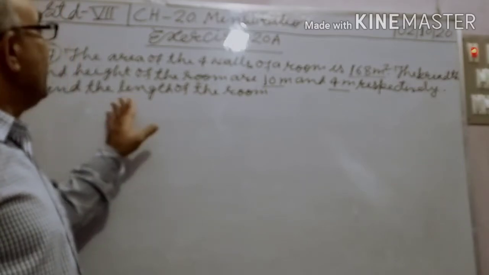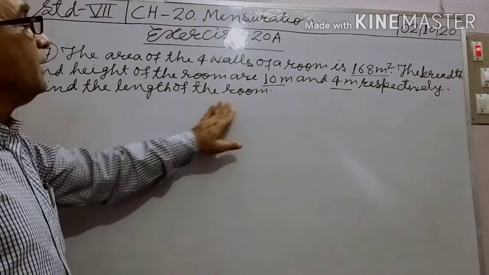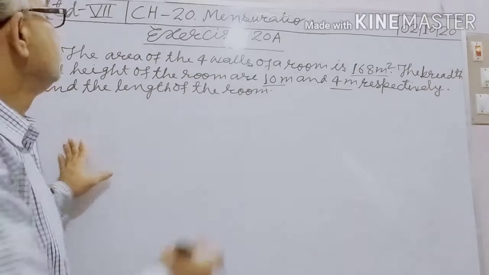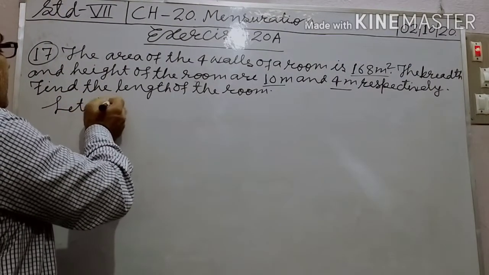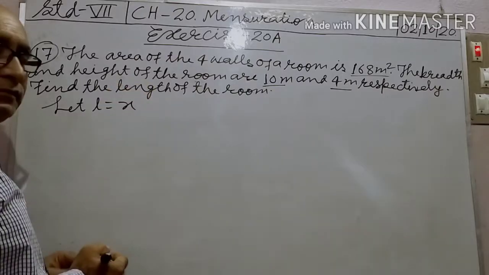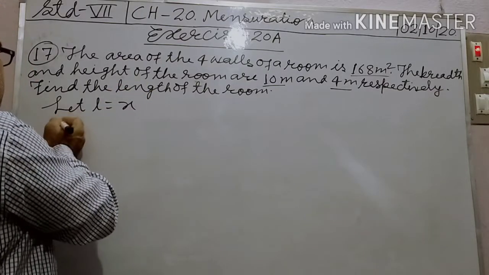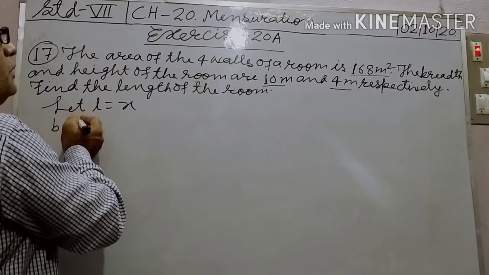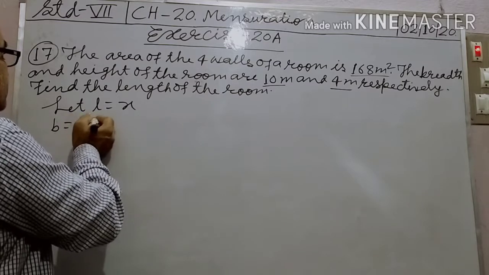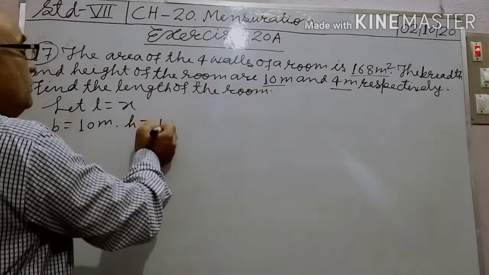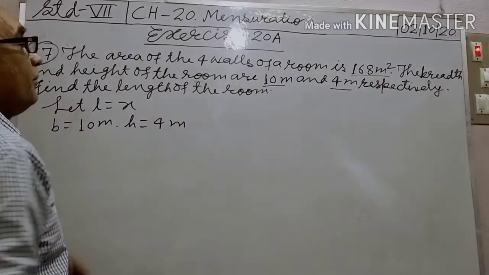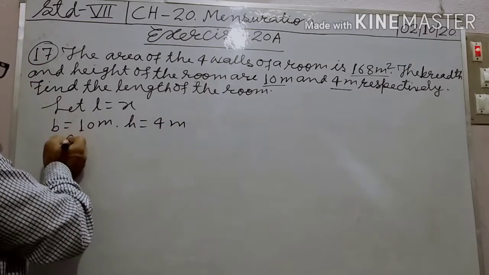Breadth and height are given. So let length equal to x, breadth equal to 10 meter and height equal to 4 meter.